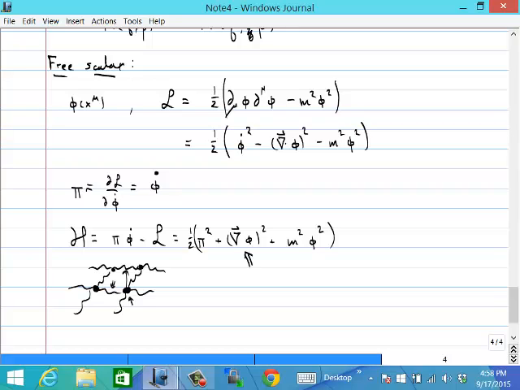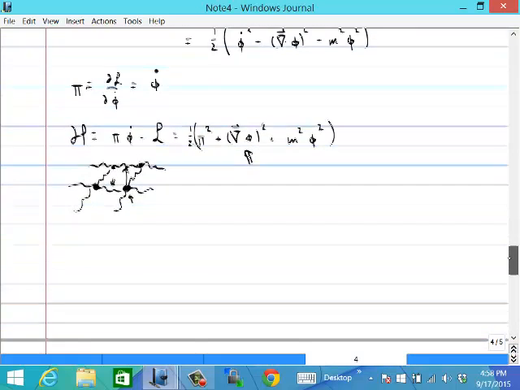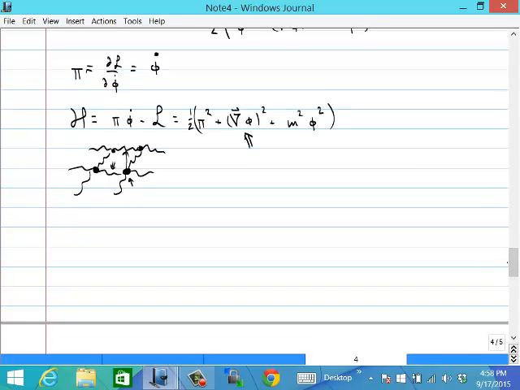Good. Any questions from that? Okay. Okay, now things are going to get fun. So to quantize this theory, and for this class, and probably all of next class, and maybe even all of next week, we're just going to talk about the quantization of the free scalar field. What do we want to do?